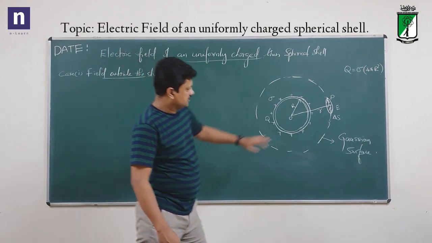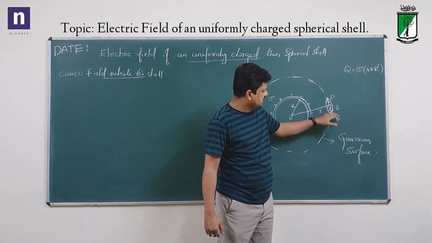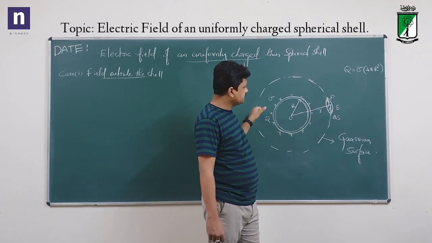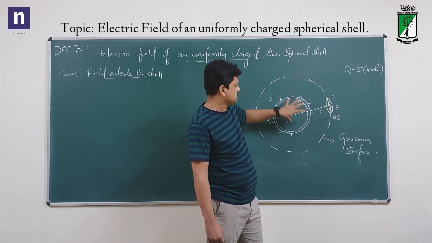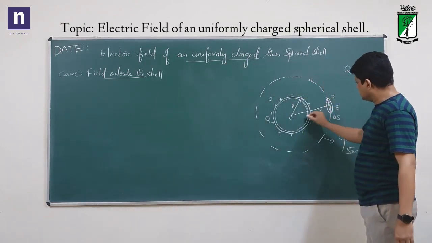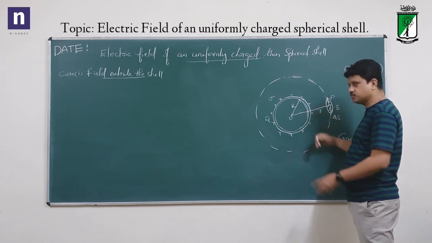So what is the flux through this surface? As every point is equivalent to the system of charges here, you can say the electric field here is either away from these charges or towards these charges, based on the nature of the charge.